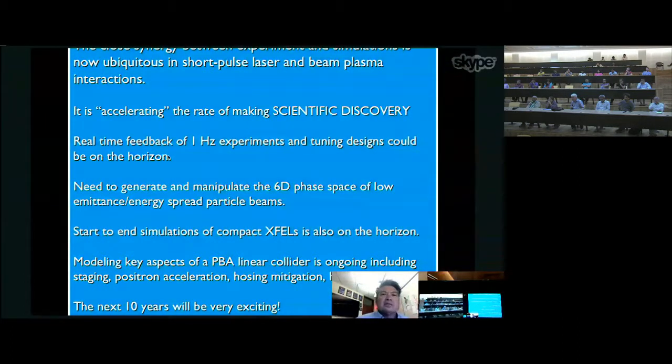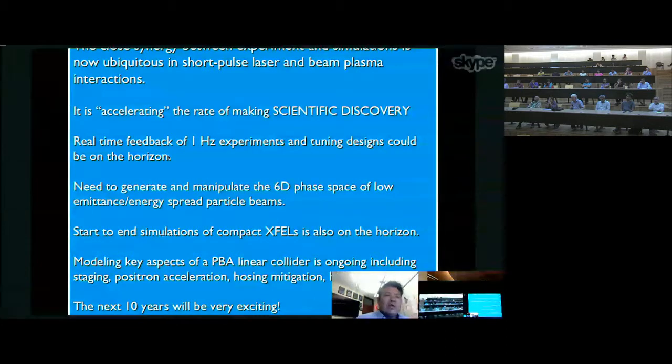The use of simulations in this field is accelerating the rate of discovery. A lot of the physics is nonlinear, so it requires the use of fully nonlinear codes. Real-time feedback of experiments and tuning designs are on the horizon.